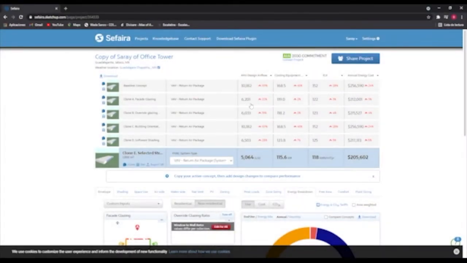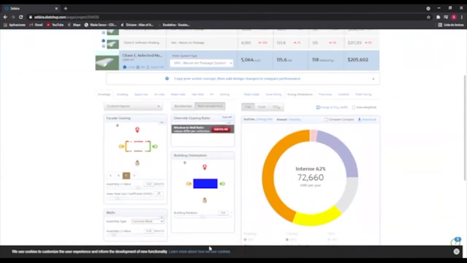Doing the Excel, when we wanted to calculate the cost of the building, we noticed that it was very expensive because of the glass that we decided to put. For example, here in the north facade, we decided to put the glass with 0.8 solar heat gain coefficient, and that is a glass of $10,000.